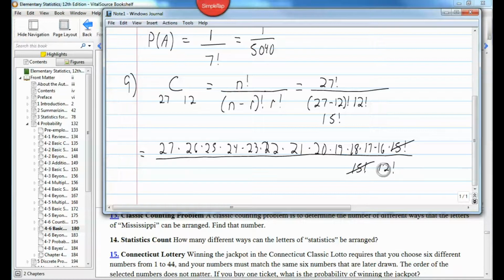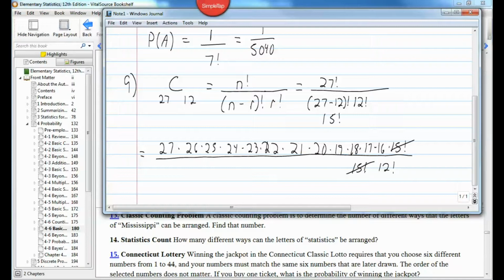Now in your calculator, the smartest thing to do would be to say 27 times 26 all the way until you get to 16. Your calculator still may try to put stuff in scientific notation, but as long as you don't clear out the number, that should be okay.